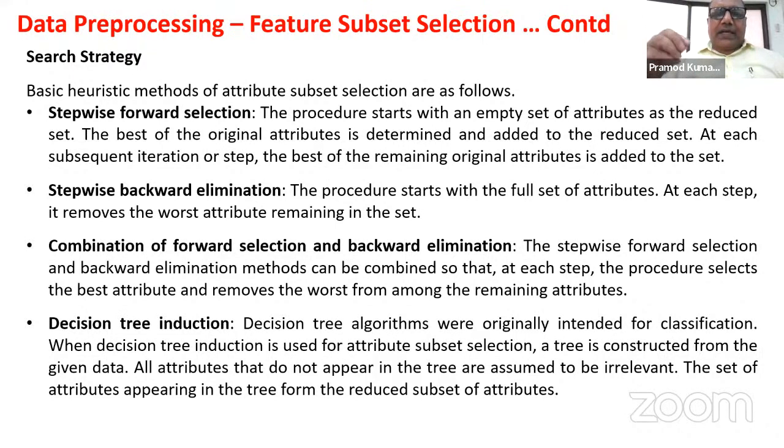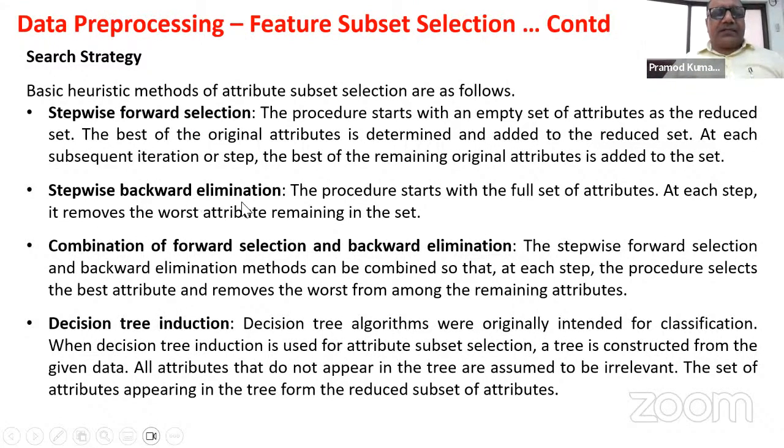Then one by one, an attribute is added into this empty set. How will it be added? We will see which is the best attribute. There must be some way to find out which is the best attribute. In this way it will be added, and unless the stopping criteria is satisfied, we will go on doing it. And whatever the best output is, we will take that as the final one.